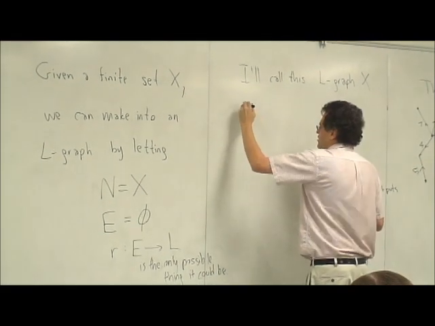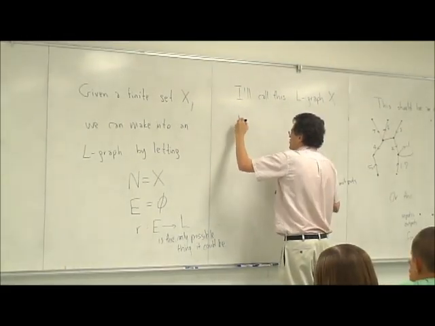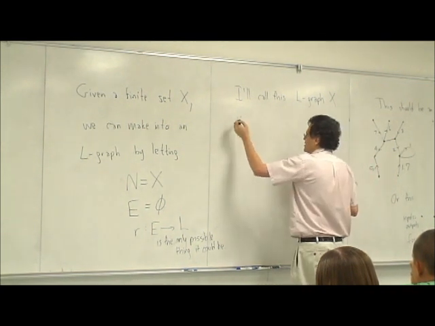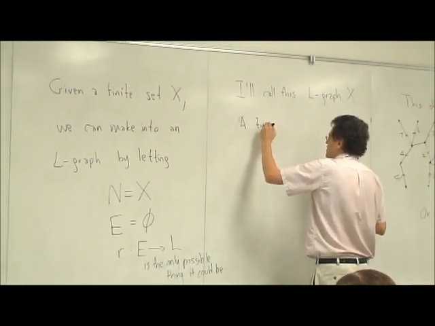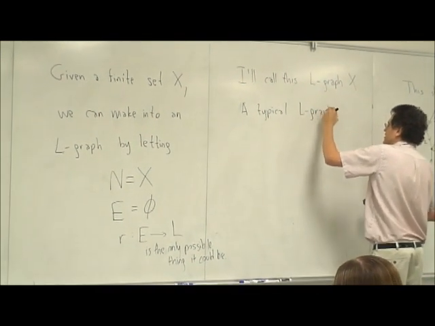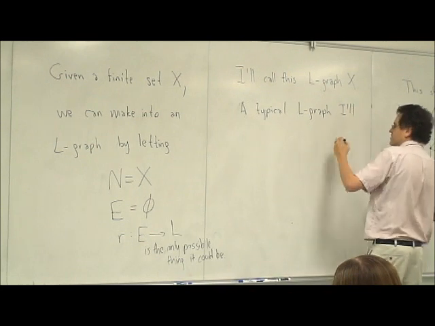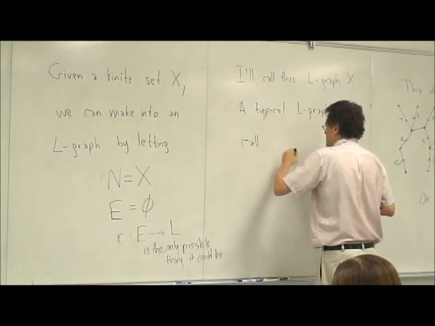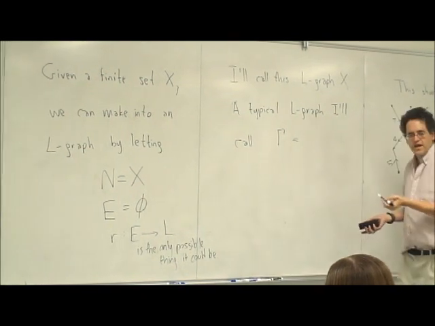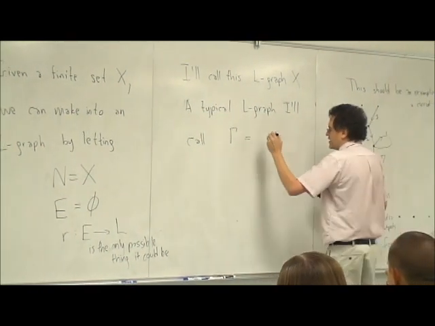Whereas for a more interesting L graph, I'll often use the name gamma. So like a typical L graph, I'll call gamma. That's shorthand for all the stuff you had in an L graph.